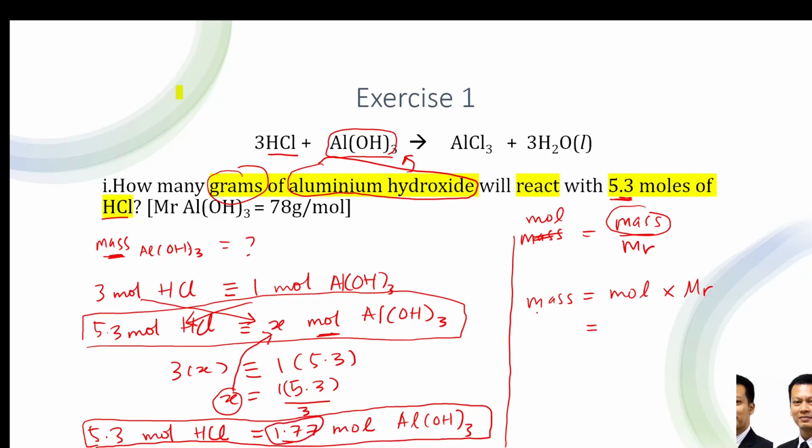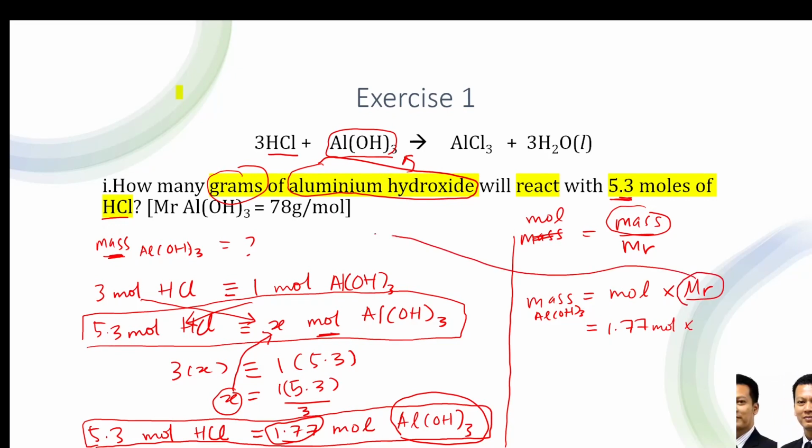The mass that we are looking for is the mass of aluminium hydroxide. So the mole is 1.77, sorry, this one is not gram per mole. This is only mole, times Mr. Mr is gram per mole.